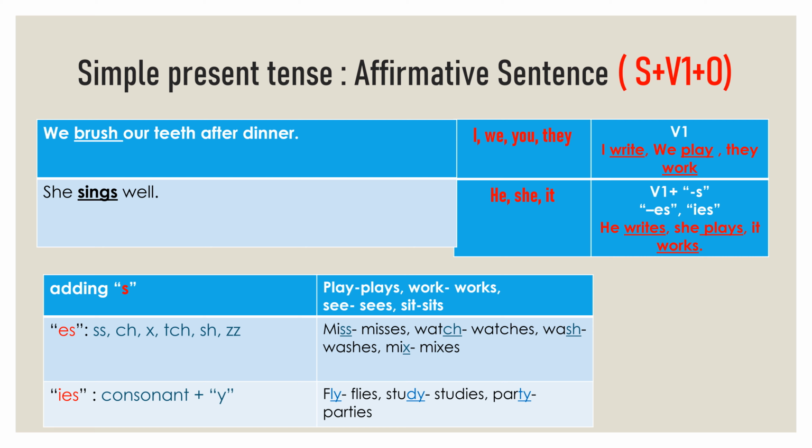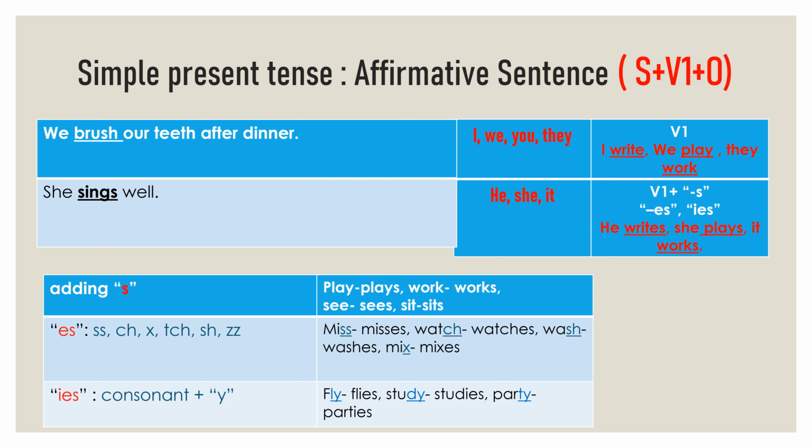There are three ways to make the S form: adding s: play, plays; walk, walks; see, sees; sit, sits. Adding es: when the word ends with ch, sh, ss, z, and x, we can add es. Examples: miss, misses; watch, watches; wash, washes; mix, mixes.